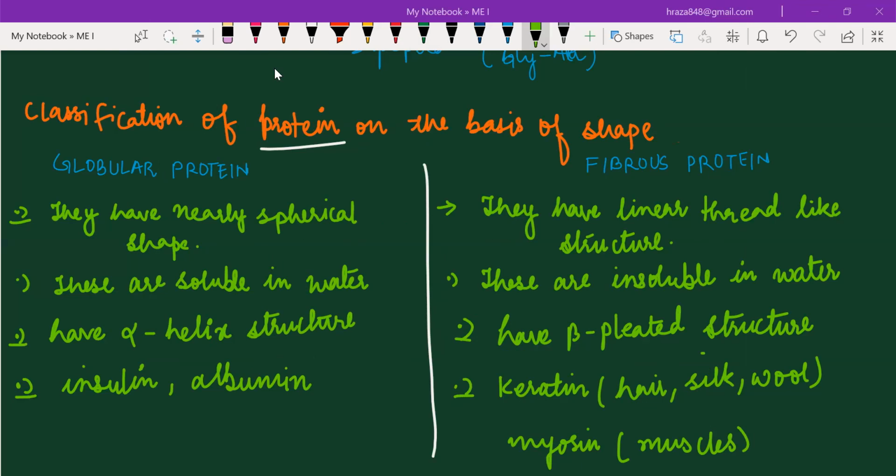Now we are going to do the structure of protein.